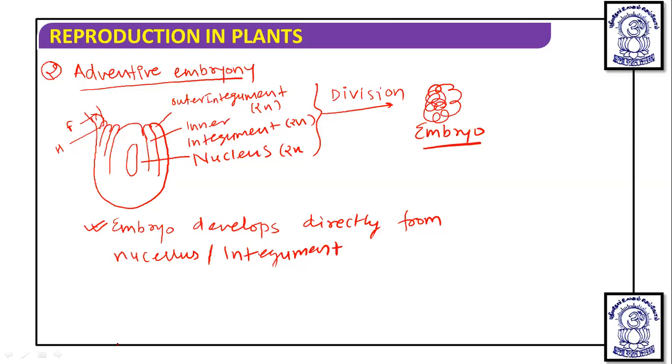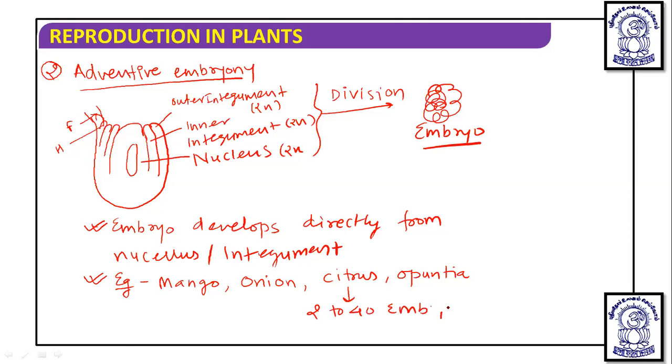Now this adventive embryony, if you talk about examples, is seen in the case of mango, onion, citrus, opuntia. Okay, and it is known that in citrus there is a presence of 2 to 40 embryos, meaning multiple embryos are found.